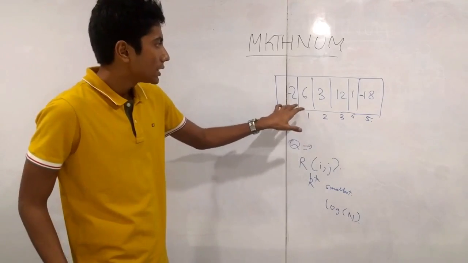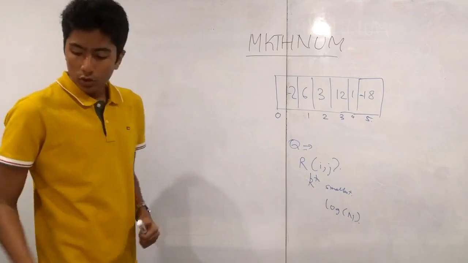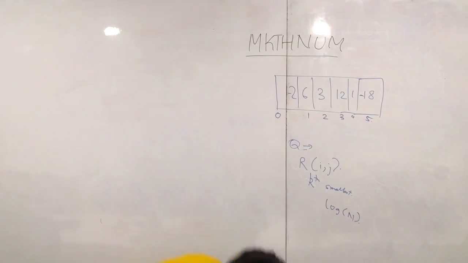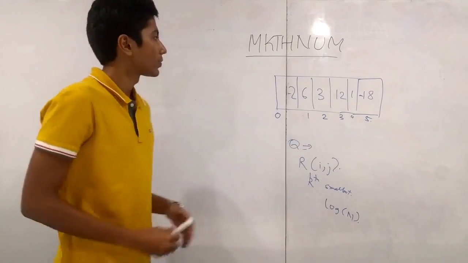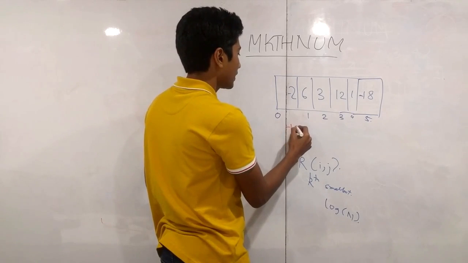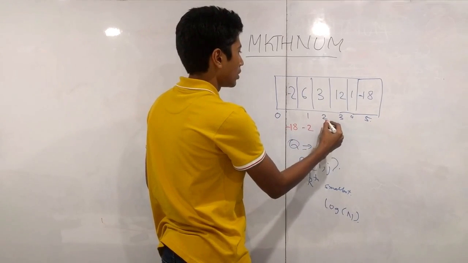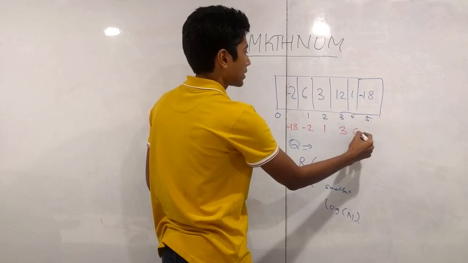Firstly, we cannot use these values in our segment tree. So what we need to do first is map these values. Let's sort it. So we'll get -18, -2, 1, 3, 6, and 12.